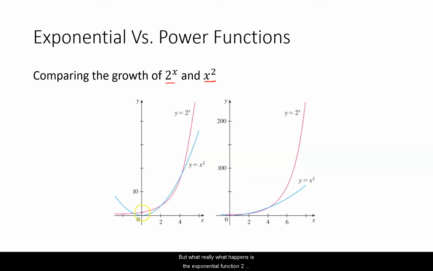But really, what happens is the exponential function 2 to the power of x is going to start to blow up, and it's going to get very large very rapidly, versus the x squared graph, which is going to be much smaller in the long run. So here on this scale from 0 to 4, you can see they go back and forth. One's bigger than the other, and then eventually exponential gets bigger. But then here in the larger scale, you can see how the exponential function starts to get much larger than the parabola.